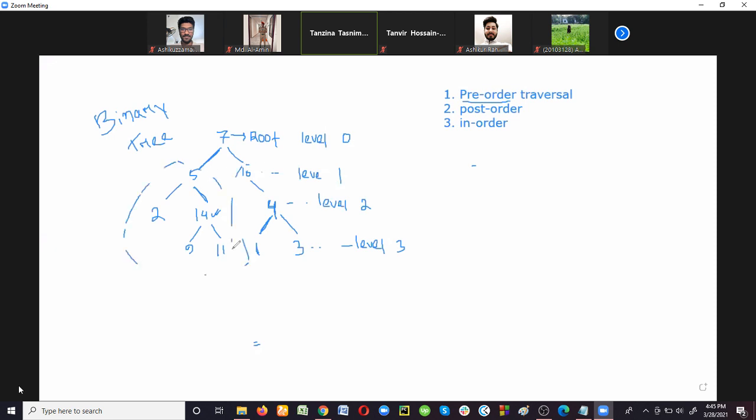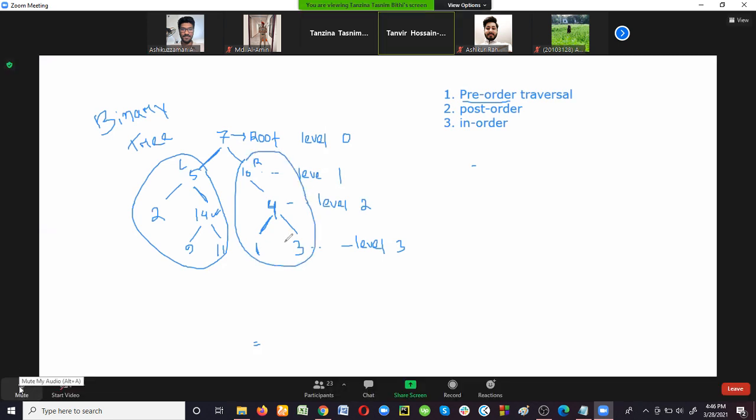And what are the left subtree and right subtree? We know that in a binary tree, the maximum number of children of any node is 2. That's why one child is called the left child, on the left side of that root node. That is the left child of 7, and 10 is the right child of 7. So this portion is called the left subtree, and this portion is called the right subtree, isn't it?